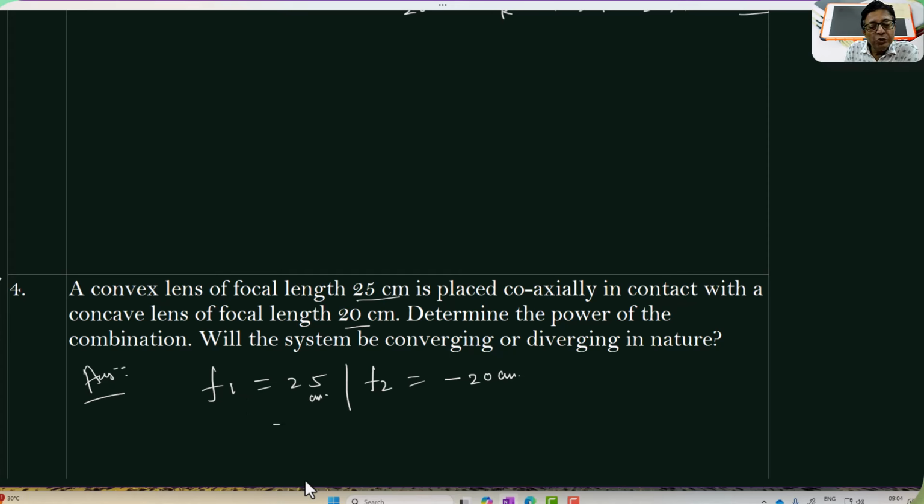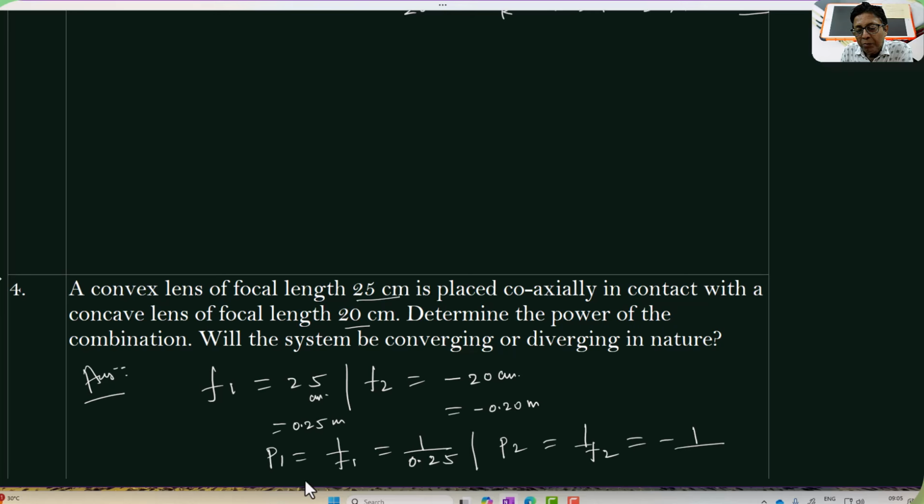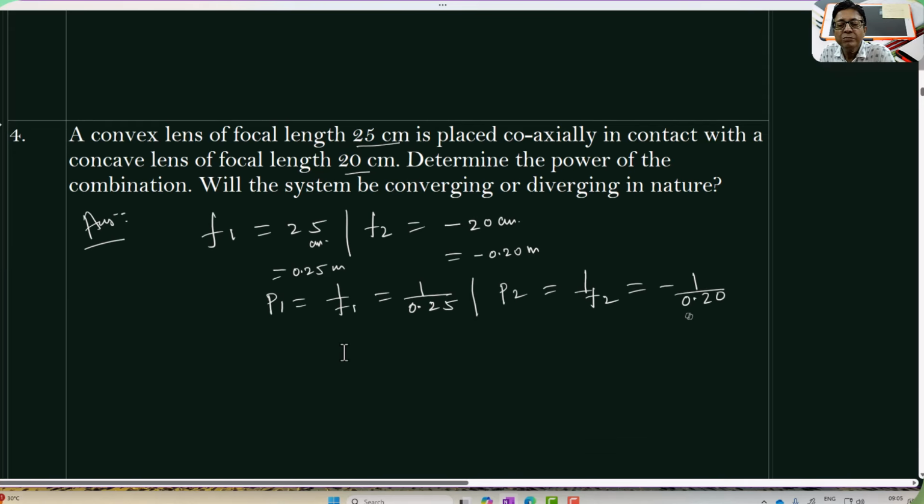Okay. So this is nothing but 0.25 meter and this is 0.20 meter. Now power is what? P1 is 1 by f1, 1 by 0.25, P2 is 1 by f2, minus 1 by 0.20. Okay.